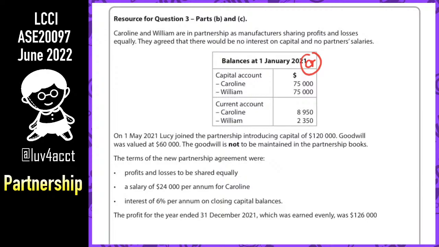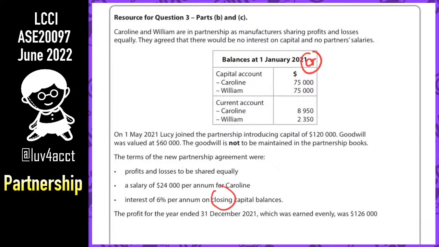This is good, closing capital balances, because if it is not closing, then we have to pay attention to the time factor, because in the first 4 months and the second 8 months, the balances are different. Just like if you take out a bank loan, you have to pay attention to the time that you take it out. But now it is okay because only closing balances. And for 8 months.